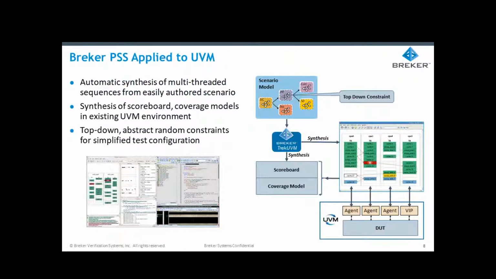Then you can do things like also generate scoreboards and coverage models, and this will be a coverage model that checks the coverage against the original scenario, and also put high-level constraints on this as well. So you can start to put very high-level system constraints and have those translated down to lower-level random constraints for UVM sequences. So this is a pretty powerful idea.